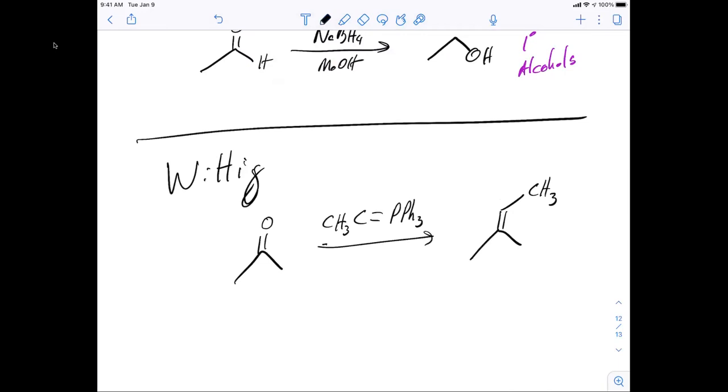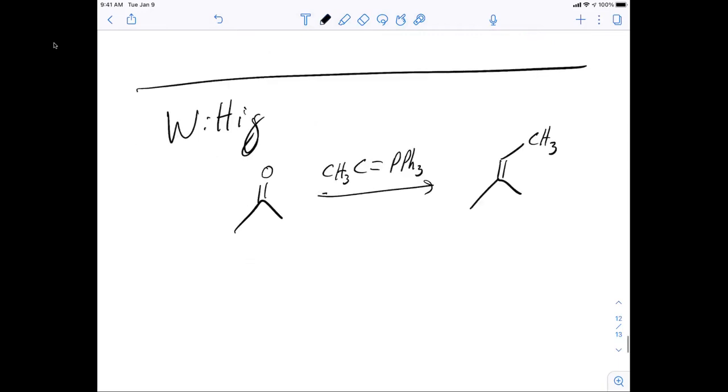Unlike the other carbon nucleophile reactions, this one is not going to end up with the alcohol. I'm actually going to end up with a carbon-carbon double bond.